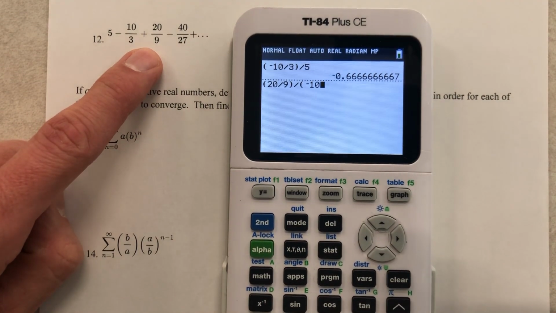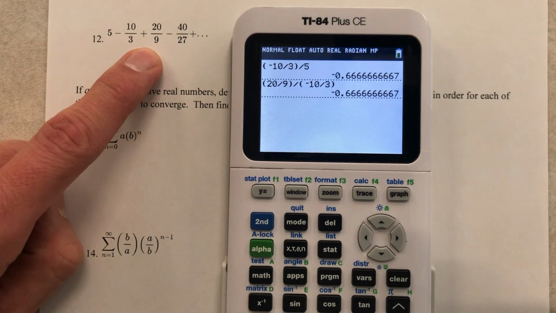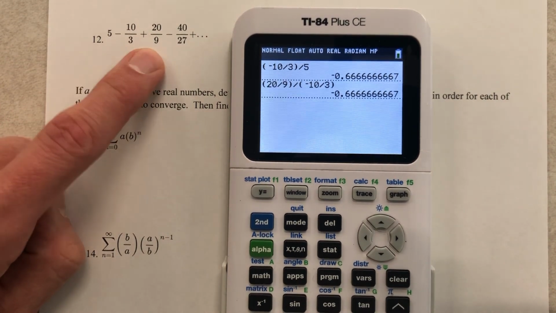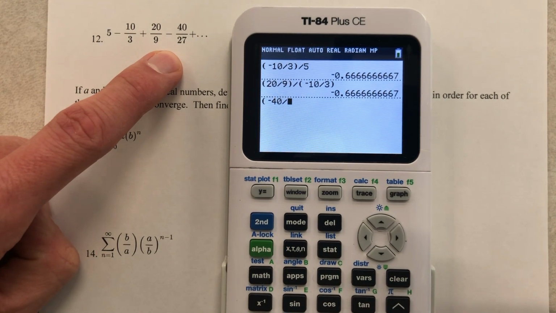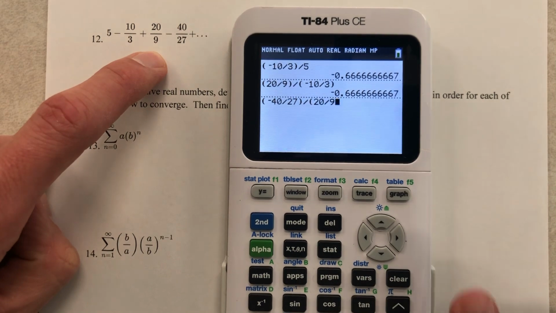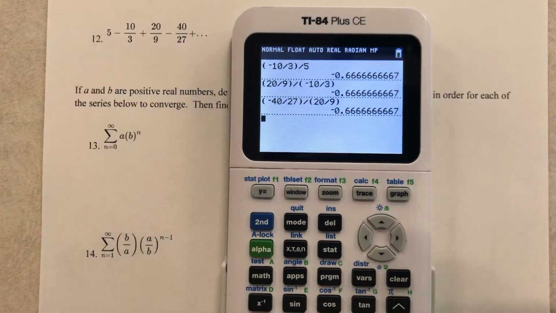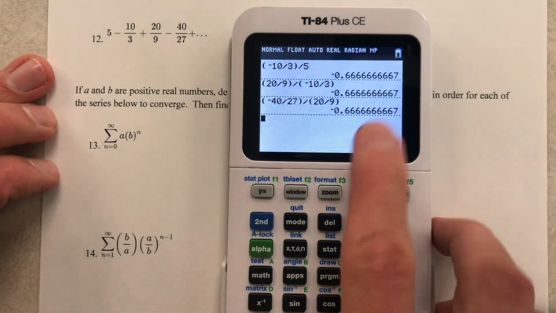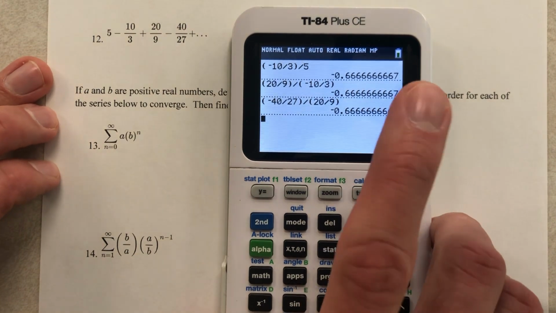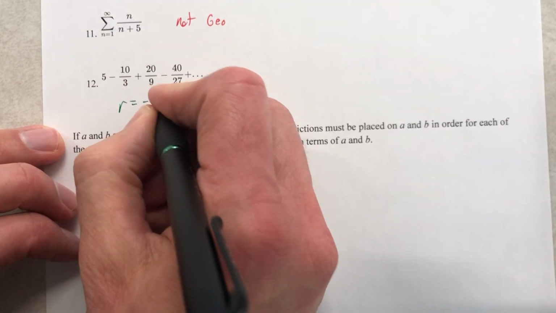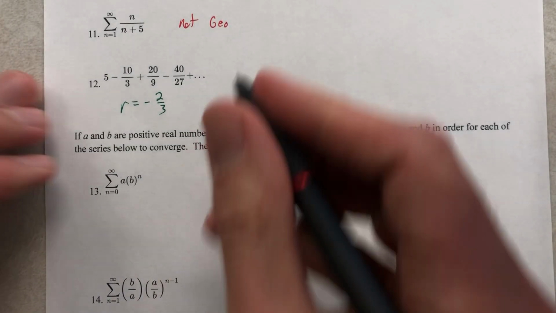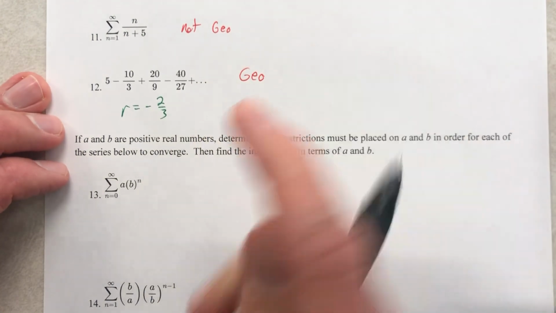This is totally doable by hand, but I just wanted to very quickly expedite the process and show you that when you do each term divided by the previous term, you consistently get that. That made the process faster. Yes, it is geometric. Yes, we are multiplying by negative 0.6 repeating. That's negative 2/3. So r is negative 2/3. That means this one is geometric.